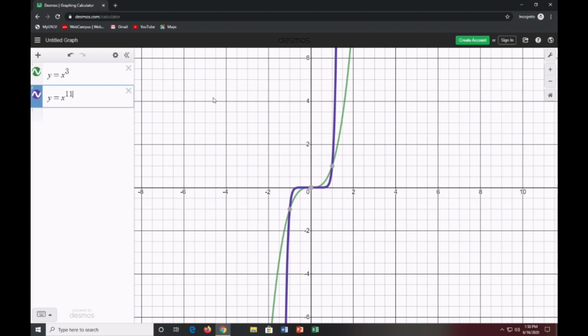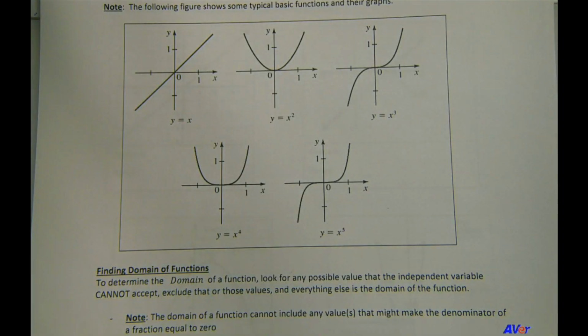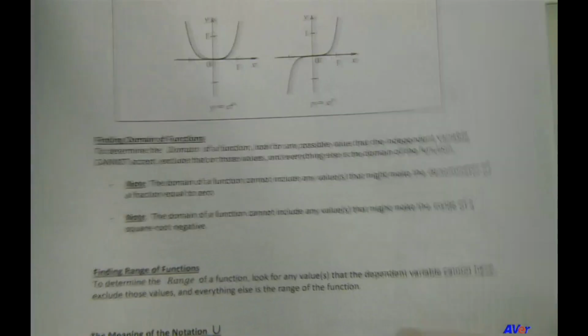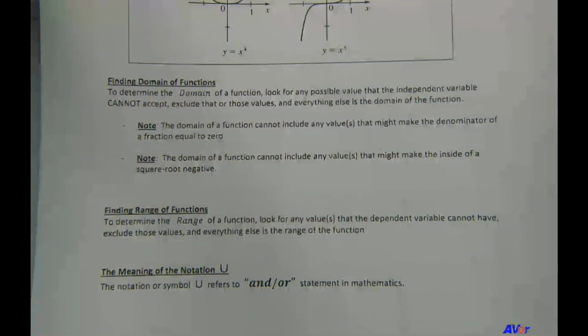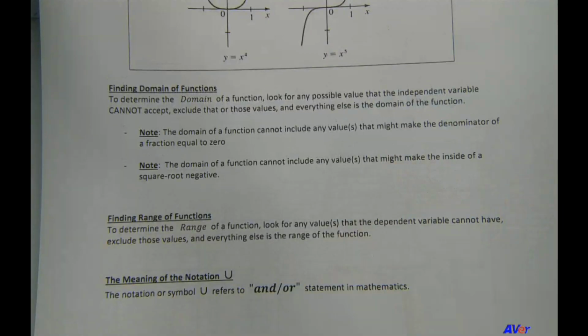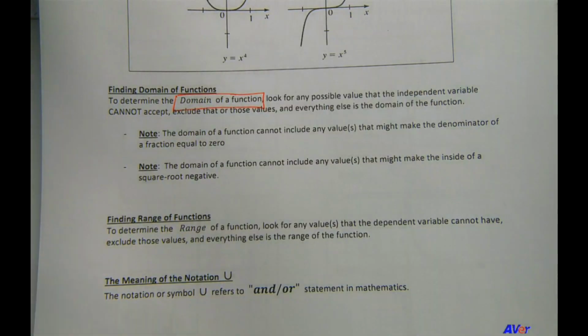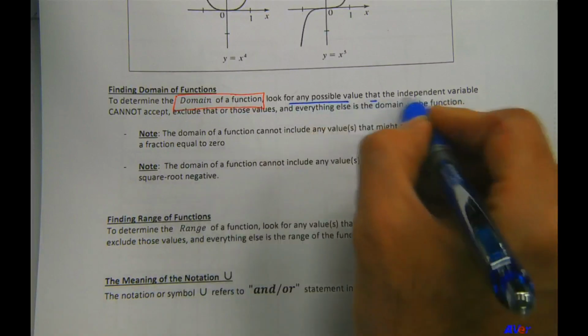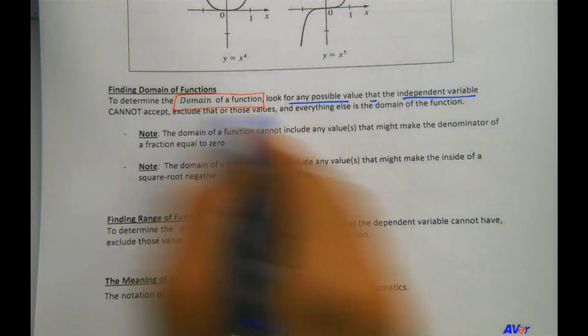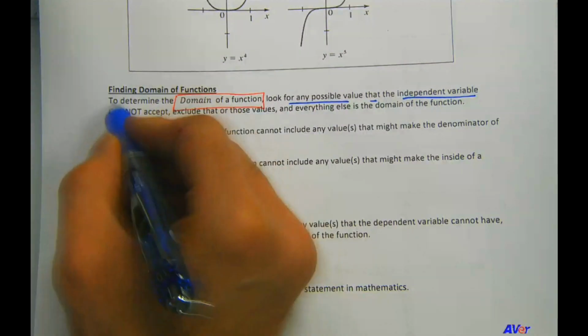Okay, so we're going to go back to the doc camera. All right, so given these functions, we want to know how to find the domain and range of a function. So the domain of a function is all the possible values, those are any possible value that the independent variable can accept.